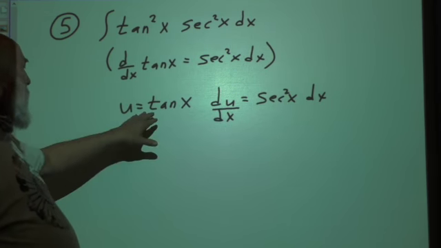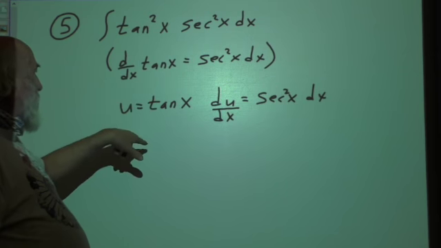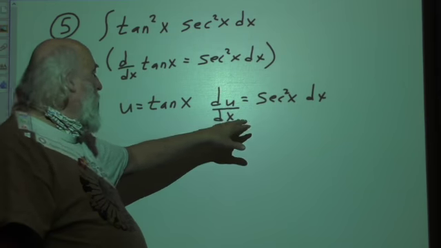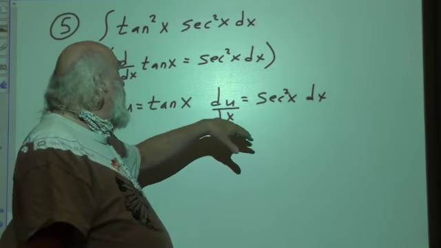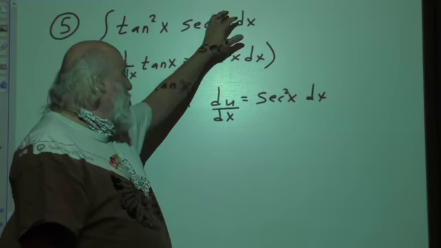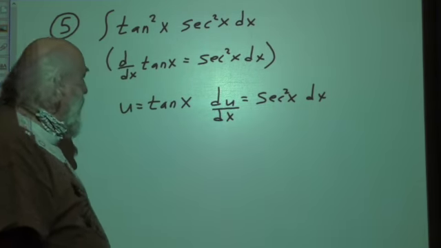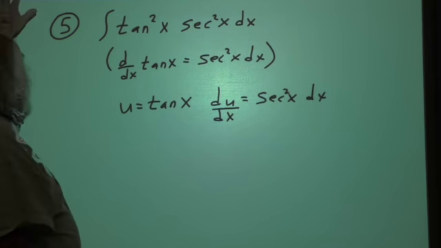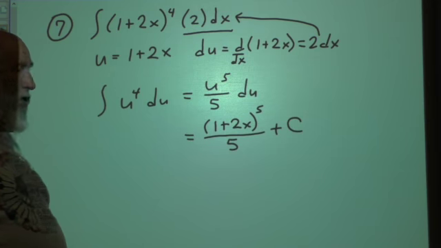So if we make u the tangent of x, then the derivative of u is secant squared x dx. And so we're going to be replacing that chunk with du dx, or just du, if you will. All right, so let's take a look at some problems in which we can solve for this.